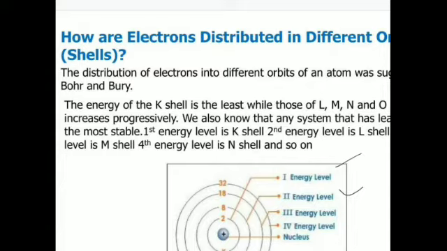The formula followed for calculating the maximum number of electrons is 2n square. In the first shell, the maximum is 2. Is it clear? It is 2. Then for the L shell, or the second shell, it is 8. Then for the third shell, the M shell, it is 18, and then correspondingly 32, and that keeps on rising.